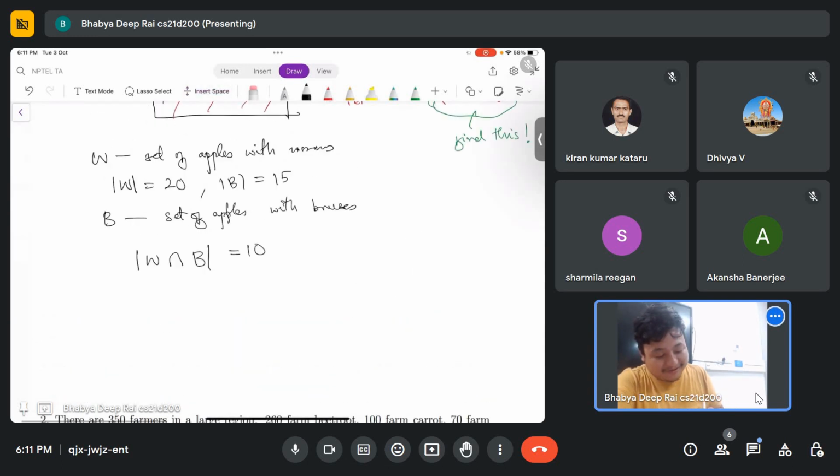So now we can just use the inclusion exclusion principle directly, which is also popularly called PIE, by the way. Principle of inclusion exclusion.